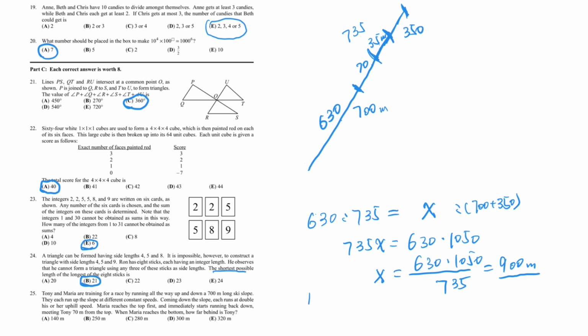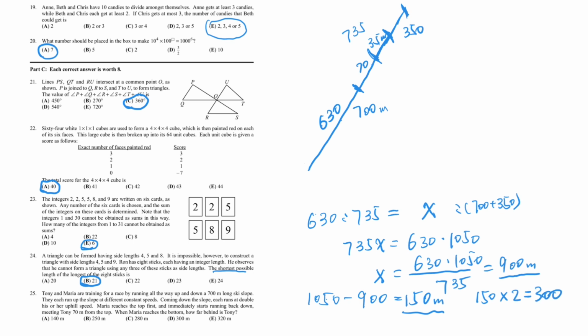So he is 1050 minus 900, that's 150 meters behind Maria. 150 is the upward distance; the time is the same as downward. Speed is double, so the distance doubles in the same time.